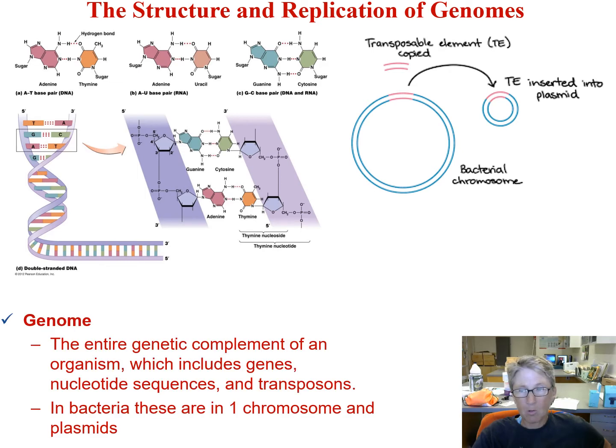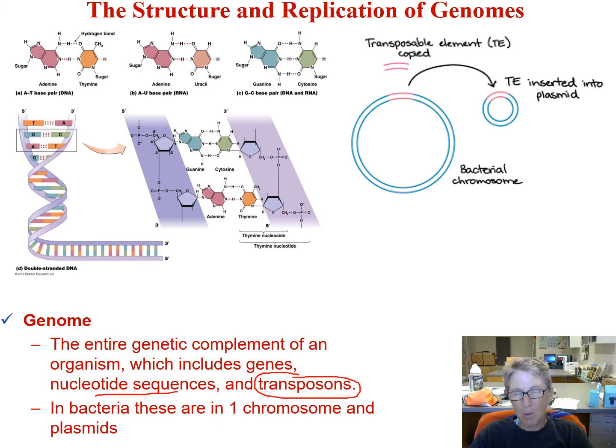So let's look at the definition of a genome. A genome is the entire genetic complement of an organism. It includes the genes, the nucleotide sequences, that's like A, T, C, G, A, G, G, G, whatever the sequence is, and these things called transposons.